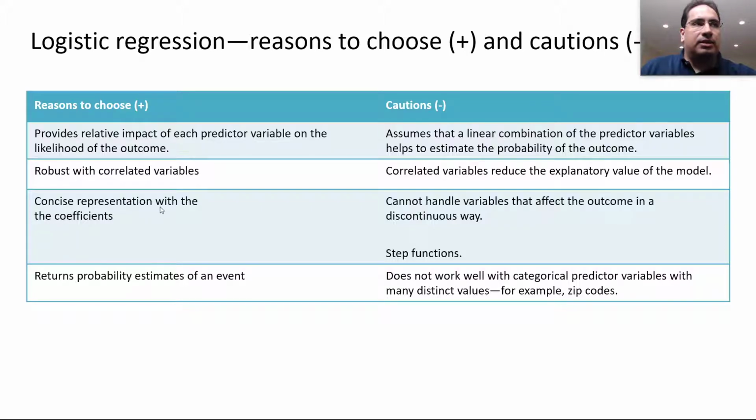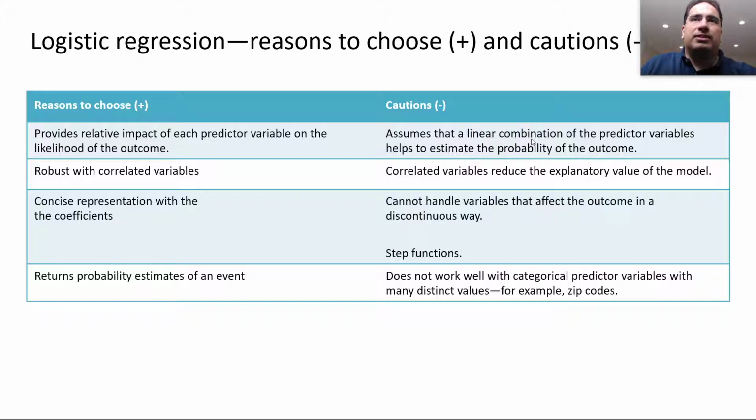It also gives you a concise representation with the coefficients. The coefficients give you exactly what's happening in your model and what the impact of each input is. And one of the great features of it is that it returns the probability estimates of an event, which you may find quite handy.